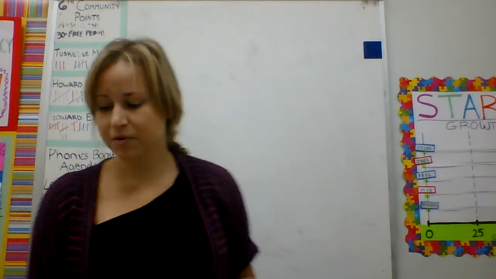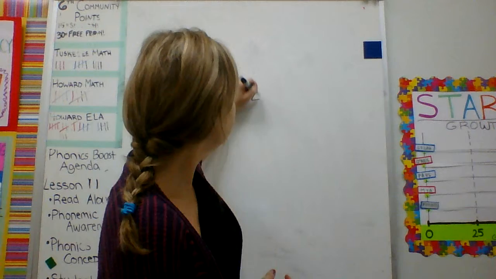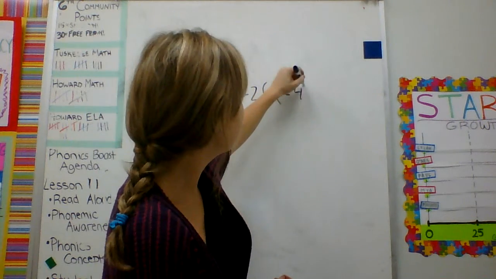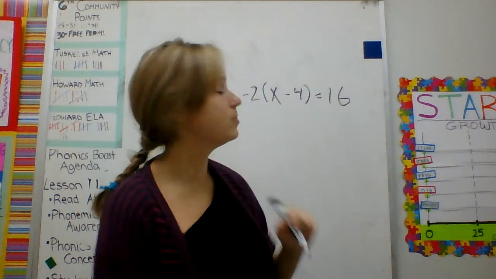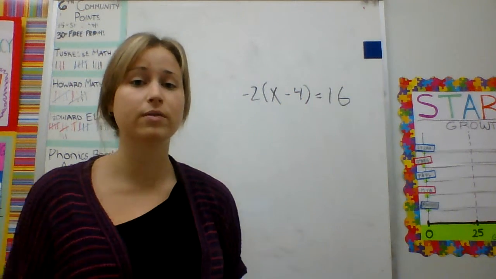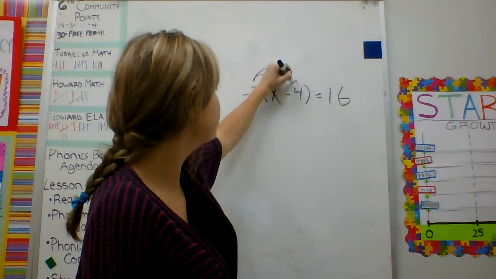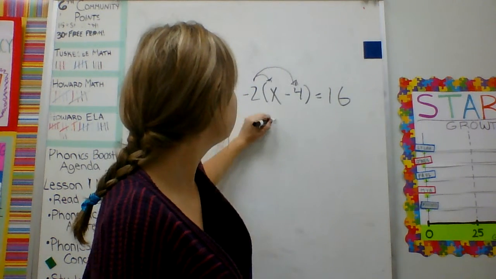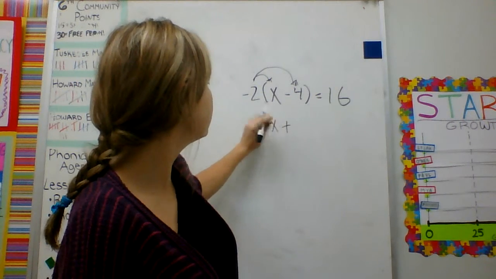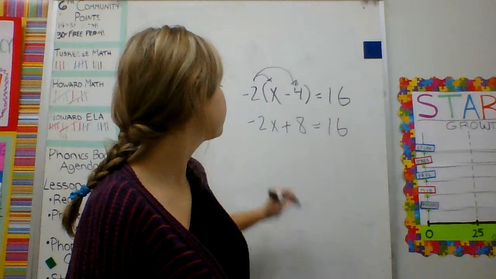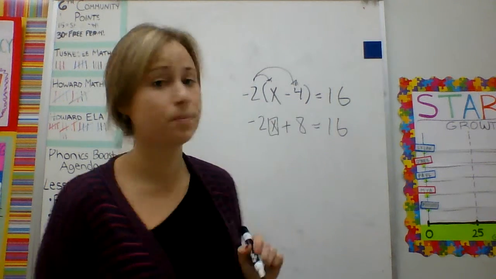All right, example 4, negative 2 times x minus 4 is equal to 16. Now you should just be checking your work with mine because you will have done this problem on your own now. Draw my arrows. Negative 2x plus 8, because it's negative times a negative, is equal to 16. Want to get x on its own?